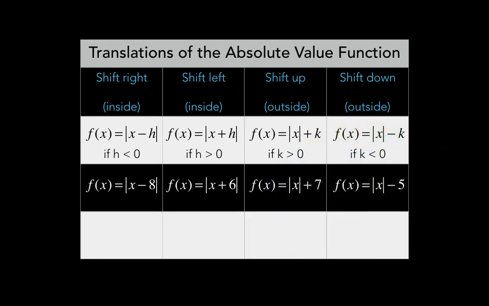Like here, we would move our parent function down. That basic absolute value would be moved down 5 units. So try and come up with some g functions that would follow these translations and share them in class for some BHAG tickets.